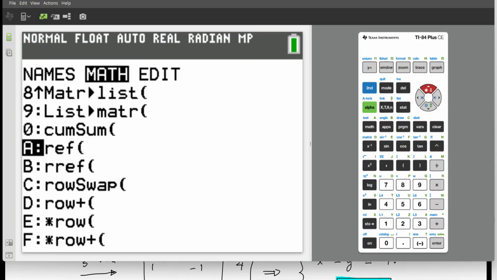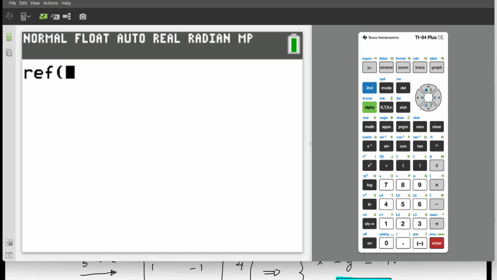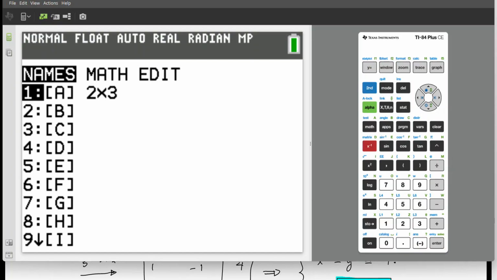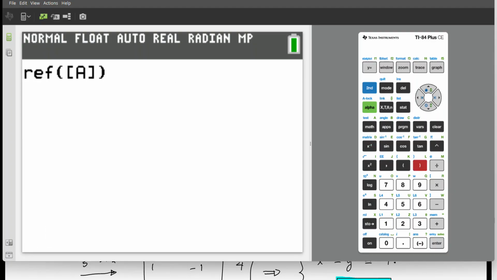So once you find that on your calculator, it should be option A. Click enter. That will put REF on the main screen of your calculator. Make sure there's nothing before it because it will mess up the answer. And I'm going to basically command the calculator to do the row echelon form for the matrix that I care about. In this case, the matrix is called matrix A. So re-enter the matrix menu, put 1, and then close the parentheses.